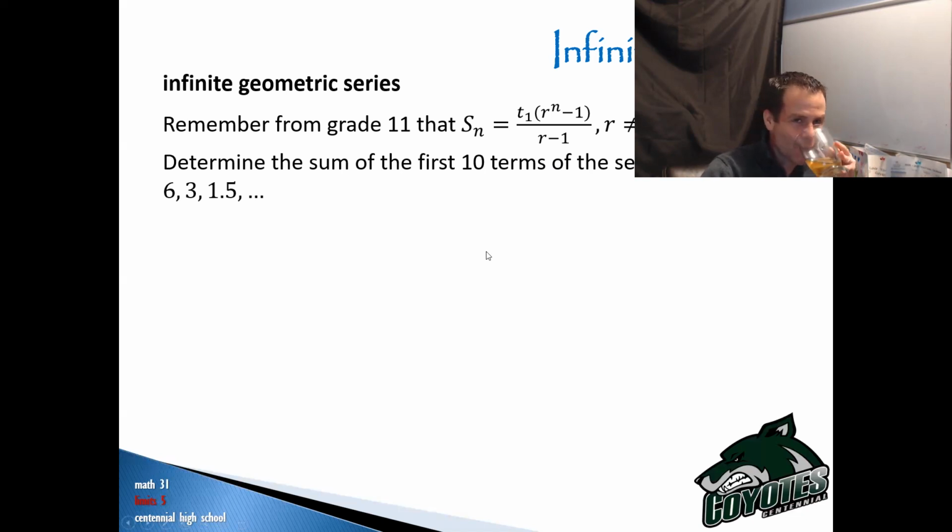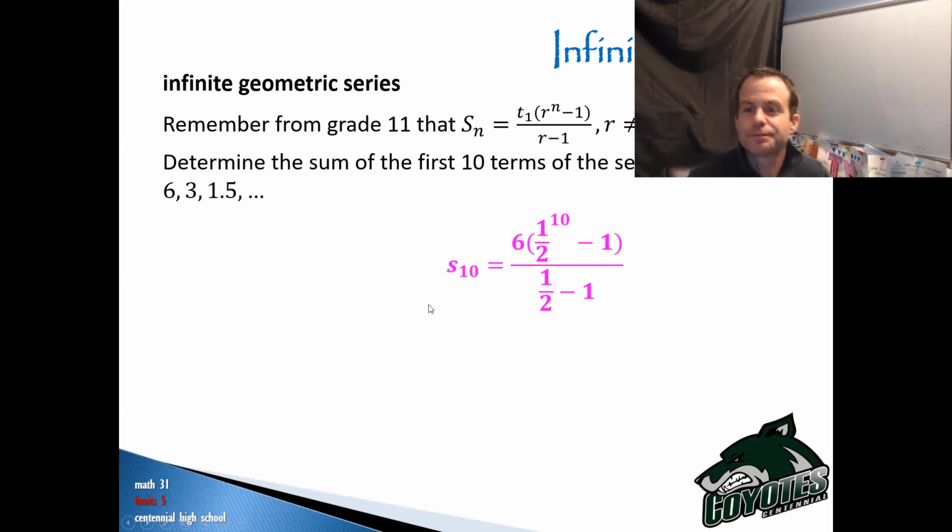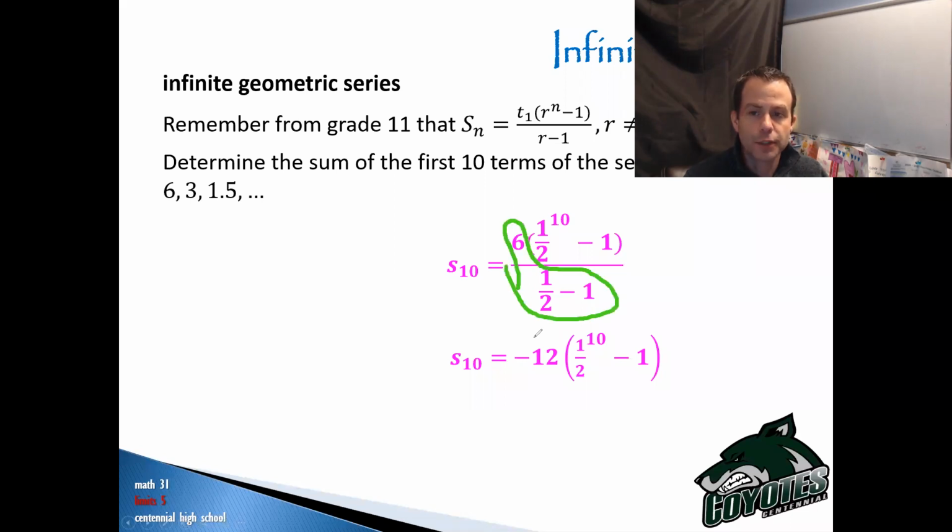Pause me first. Okay, so we're looking at this. As we go to simplify this, 1/2 minus 1 is negative a half. Then what I did here, I'm just switching colors, 6 divided by negative a half would give me negative 12.